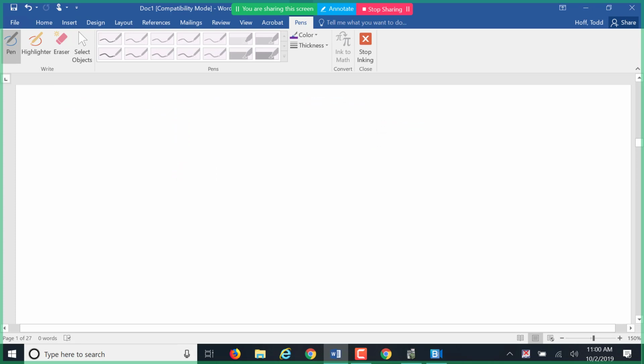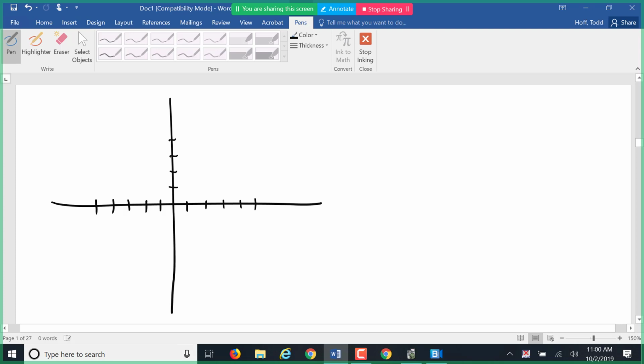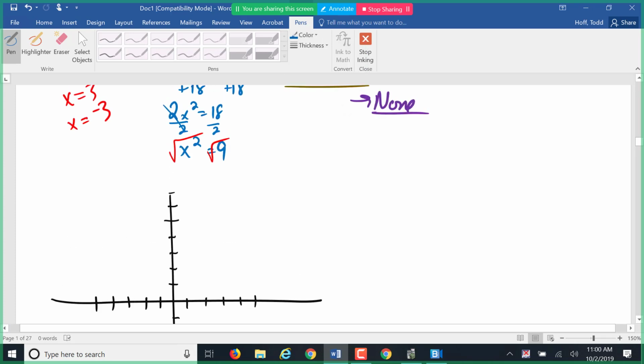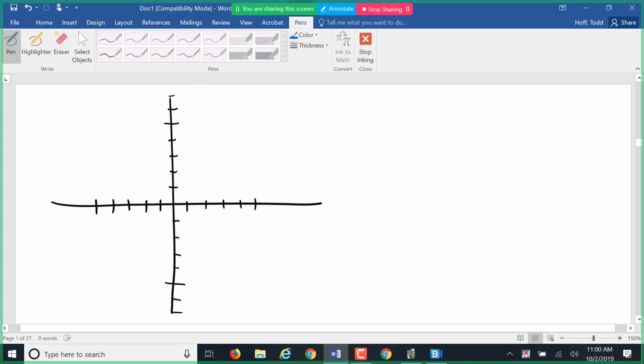So let's take a sketch of the graph here. We have vertical asymptotes at x equals 3 and x equals negative 3.